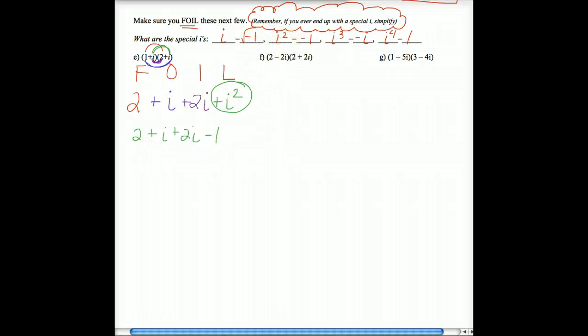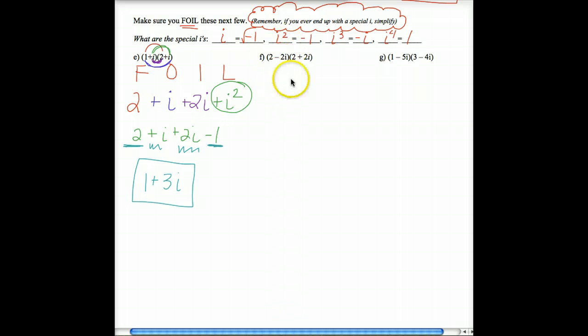So I simplify my special i's, my i squared there. And then after that, now I can say these are like terms here, and these are like terms here. Standard form, 2 minus 1 is 1. i plus 2i is 3i. So 1 plus 3i is my final answer there.